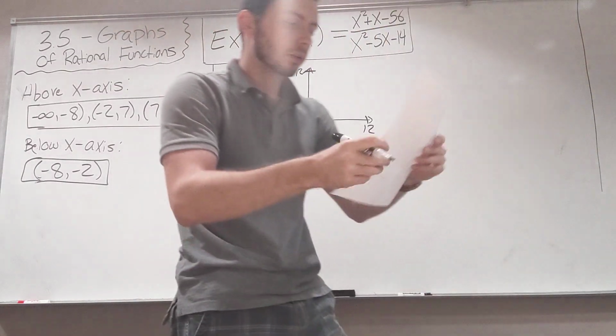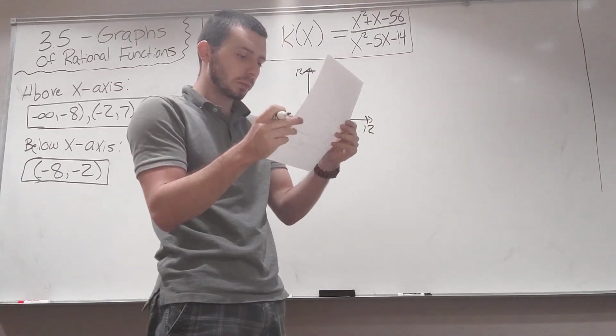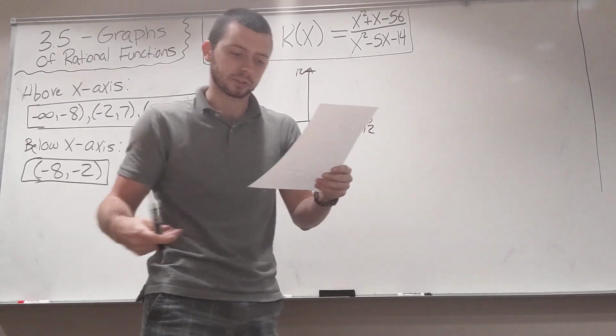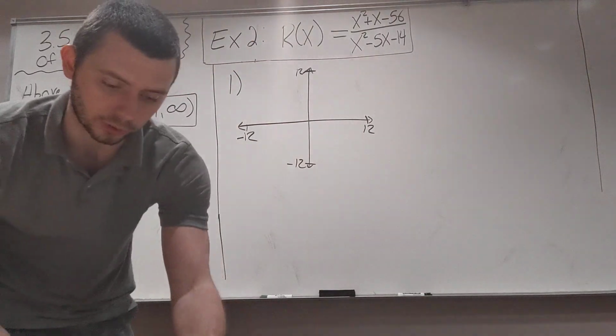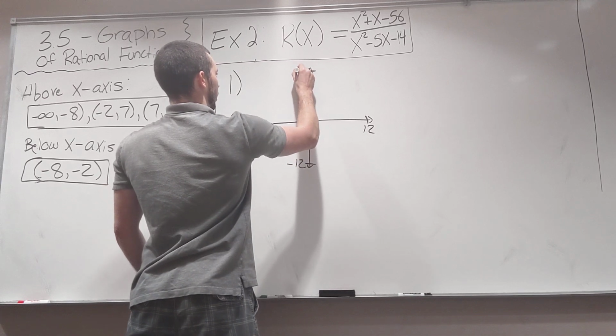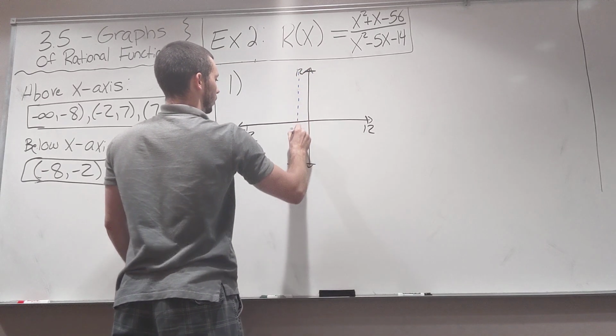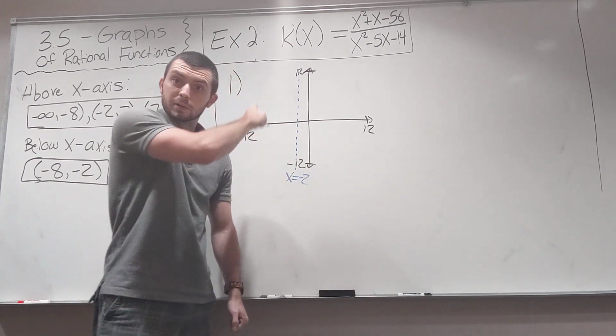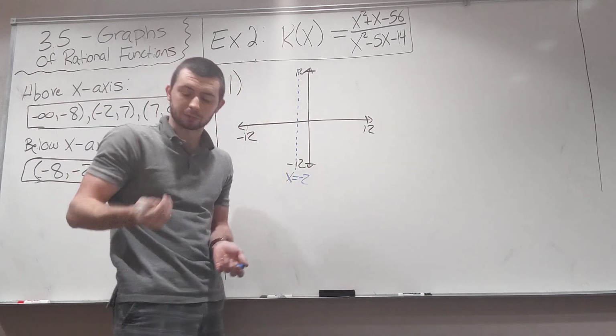So some of the asymptotes that we found, a vertical asymptote is that x is equal to negative 2. So if x is equal to negative 2, we'll call that about right here. And we know it goes up and down because this is a vertical asymptote.